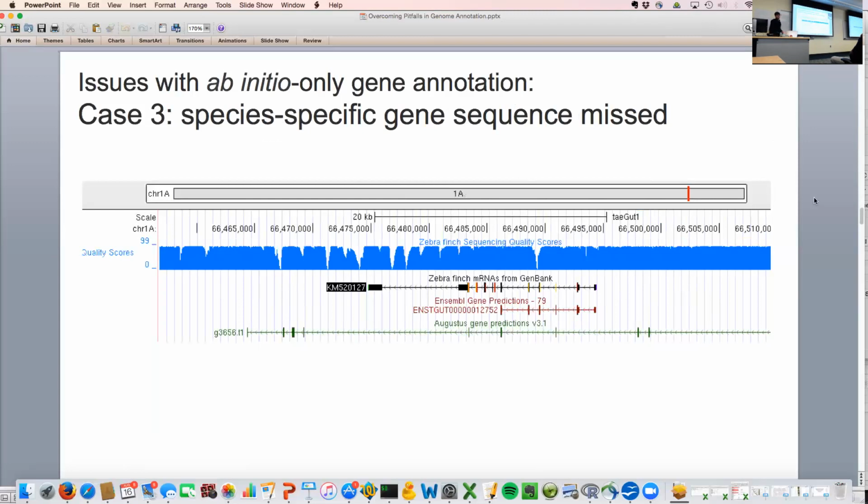Another issue with these ab initio only gene annotations is that they're going to miss some of the most important things for us, which are the species-specific genes. So novel genes that only manakins have, that could be important for dance and courtship and some of these manakin-only behaviors. Or you're going to lose some exons that might have changed a lot in manakins relative to these other species.